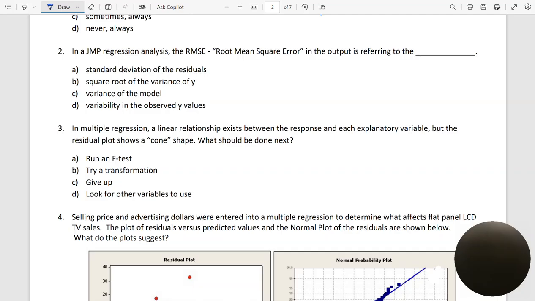Whenever we talk about the RMSE, here I even gave you the whole name of RMSE. You can see that RMSE is about the error. So which of the following is talking about the error? The residuals. So this is the first idea.